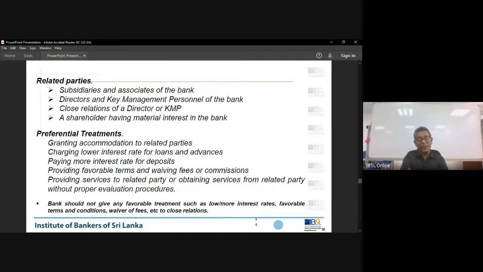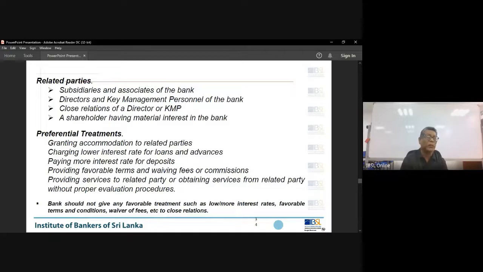things. That doesn't mean, remember, a director can't take a loan from a bank. The director can take a loan from the bank, right? So there is a methodology explained by the central bank on how to handle it if a director wants a loan.